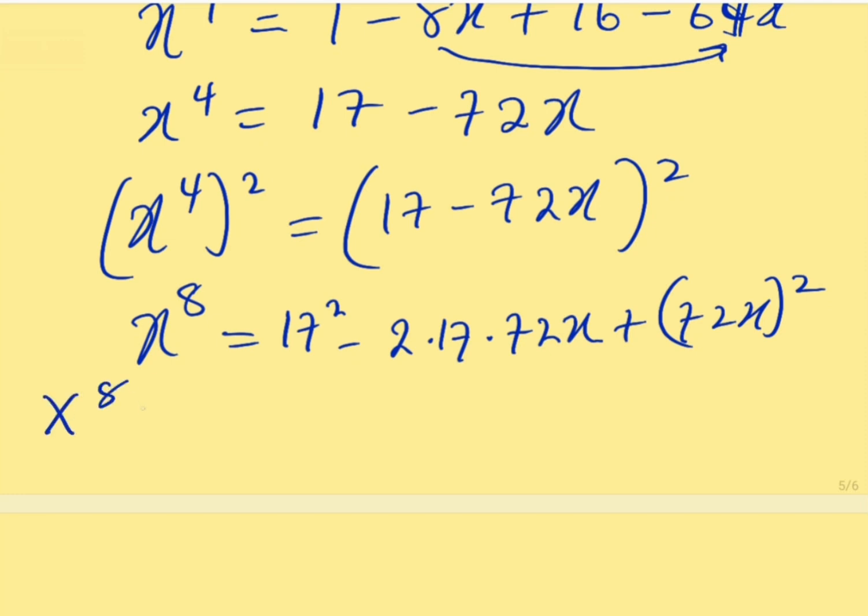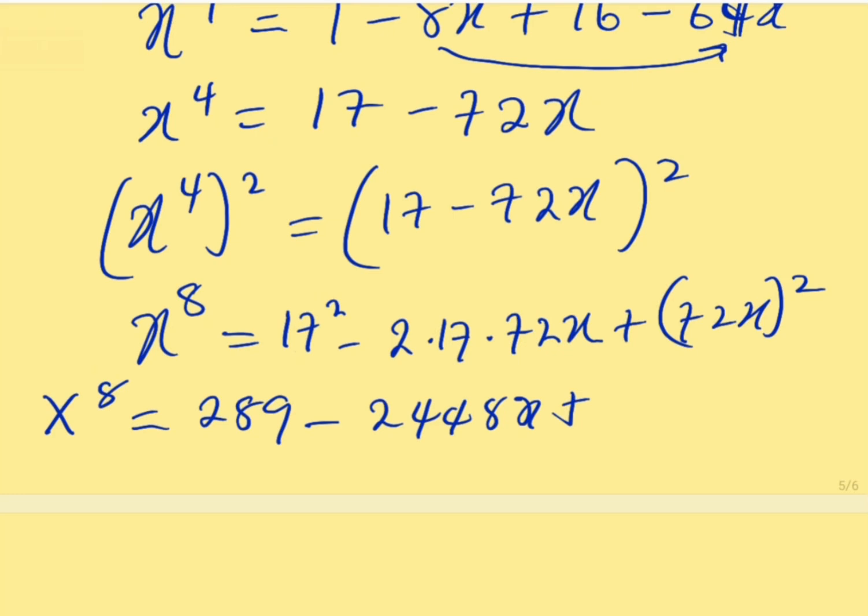So x to the power of 8 will be 17 squared is 289, minus 2 times 17 times 72, which is 2448x, plus 72x all squared. Okay, because 17 squared is 289.